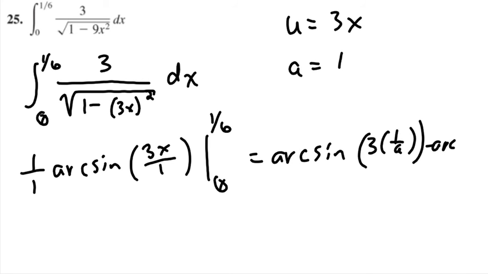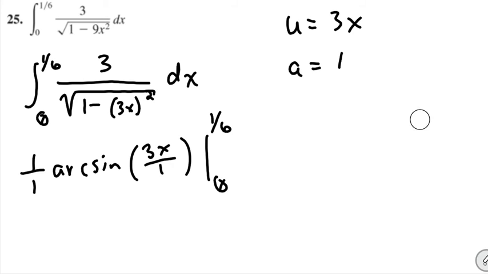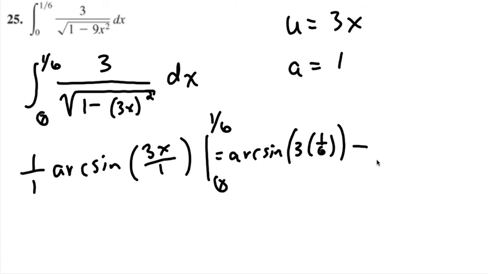minus arcsine of, I gotta redo this because it's going to bother me. Let's try it again. Equals arcsine of 3 times 1 over 6 minus arcsine of 3 times 0.